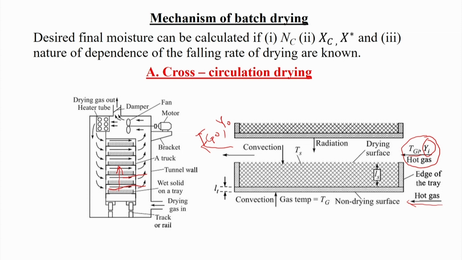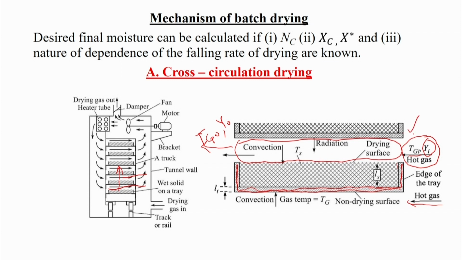One is conduction: the hot gas is in contact with the tray material, and since trays are made of metals with very high thermal conductivity, some amount of the wet solid will be dried by that conduction. Another is convection, which takes place from the open space above the tray, and the radiation takes place from the other tray.